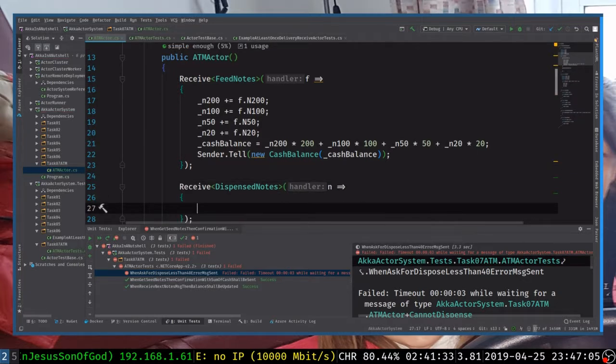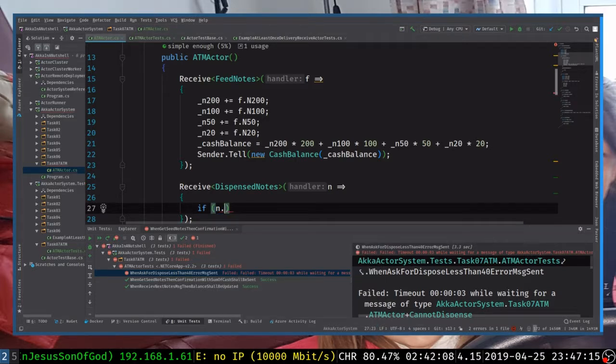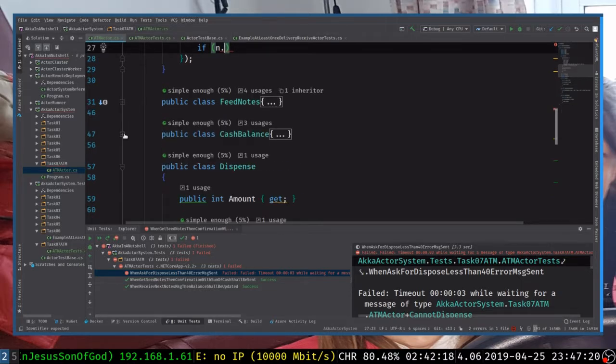So what do we need to validate? If that's not this message, fetch notes, cash balance, dispense.